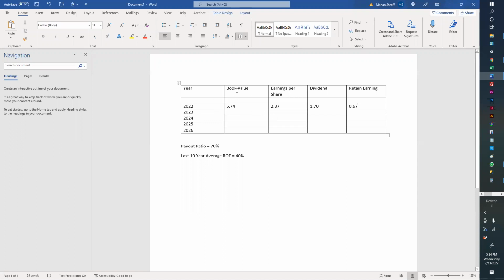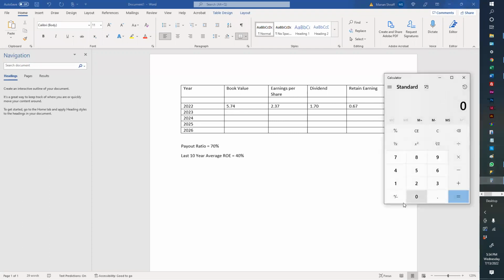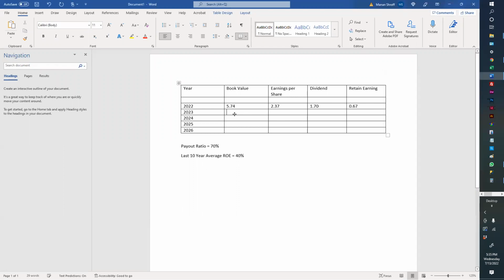So the book value will be $5.74 plus 0.67. The new book value for year 2023 is going to be $6.41.